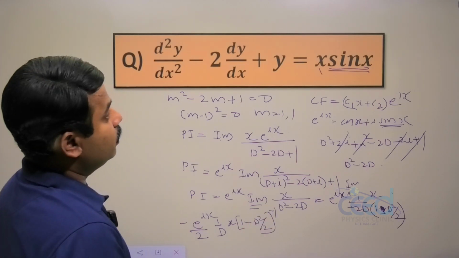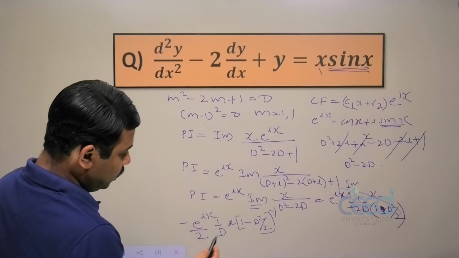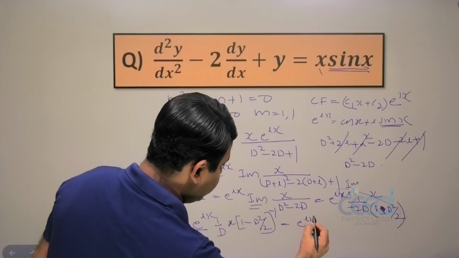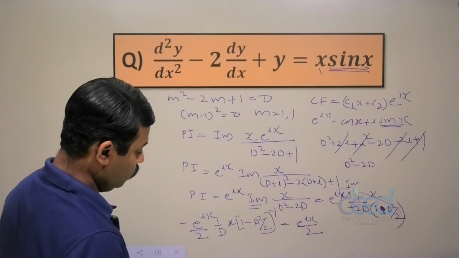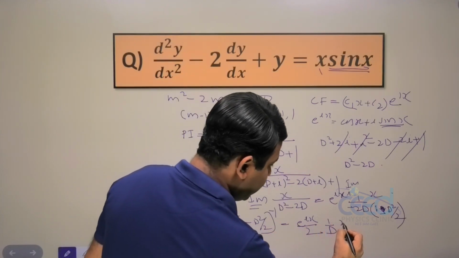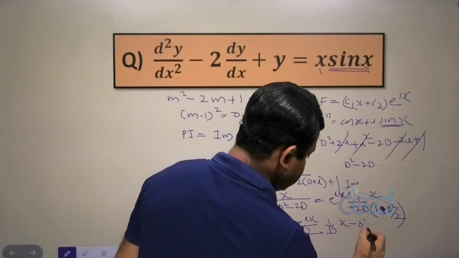Am I right? Yes. Now look here. Multiplying this out, it equals e raised to ix divided by 2 into 1 by d into x minus the double differential of x, which is 0, so x minus 0.